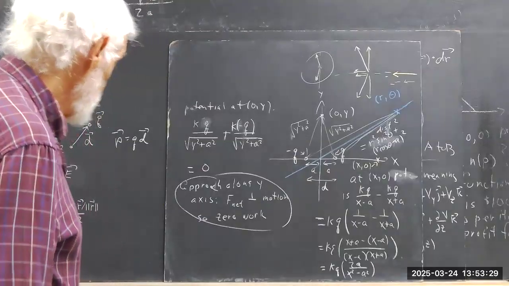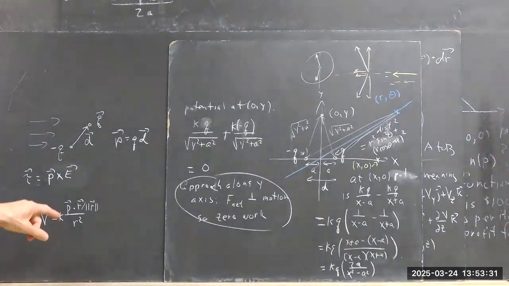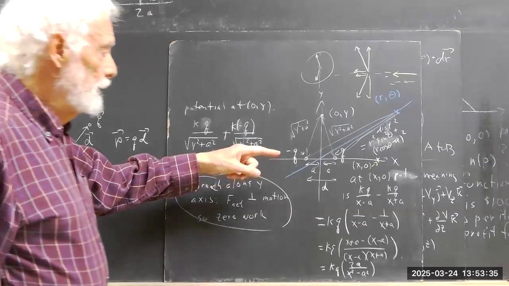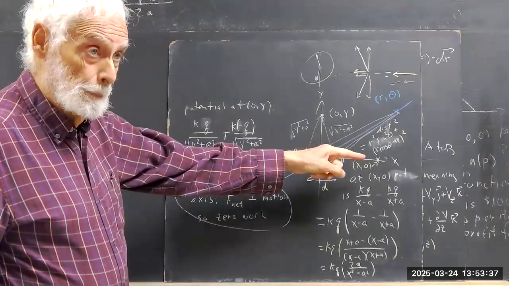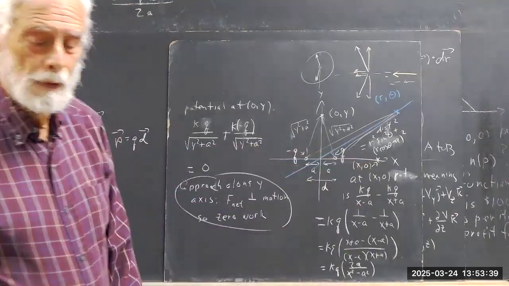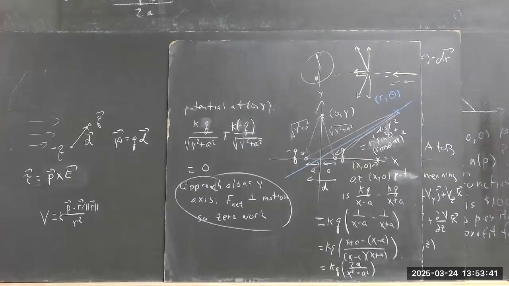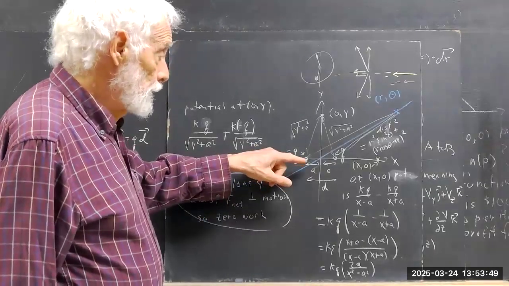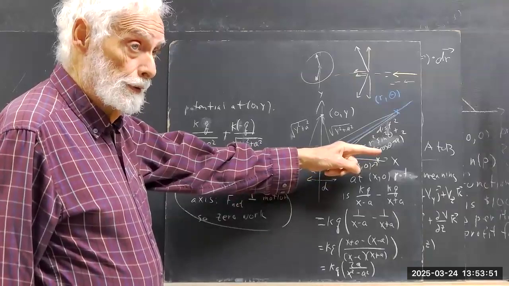Okay, so let's think about it. What's P? Well, in this case, P is a vector in this direction, right? D is a unit vector from the negative to the positive.